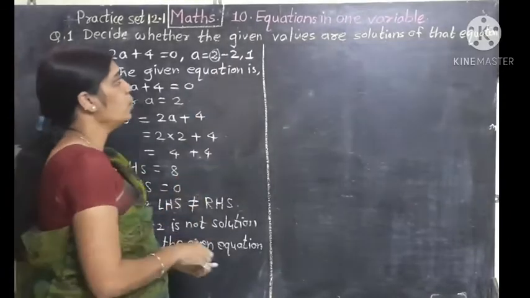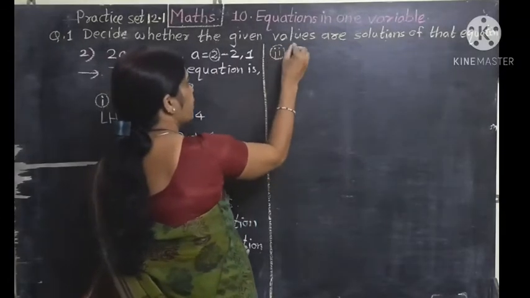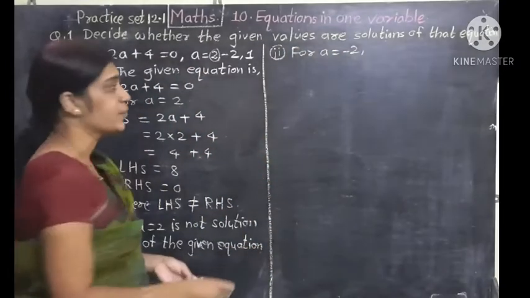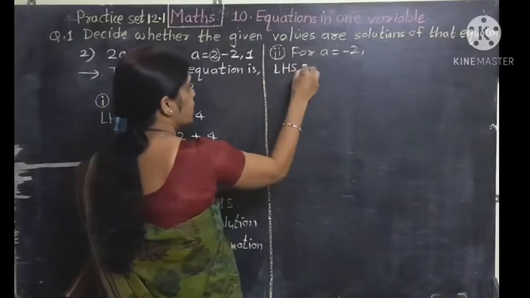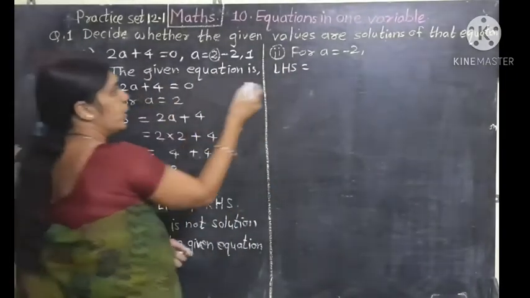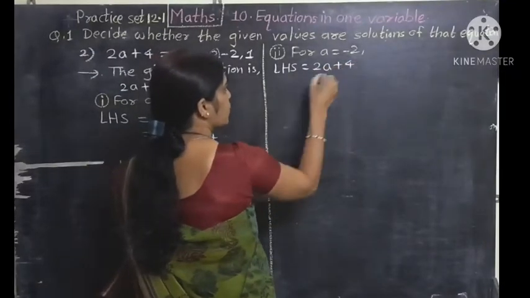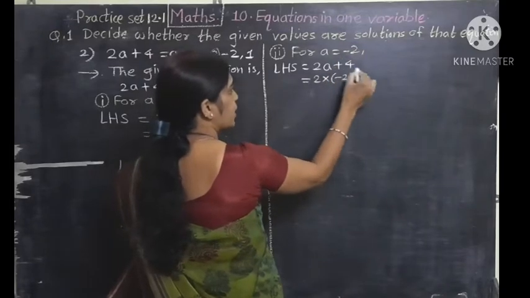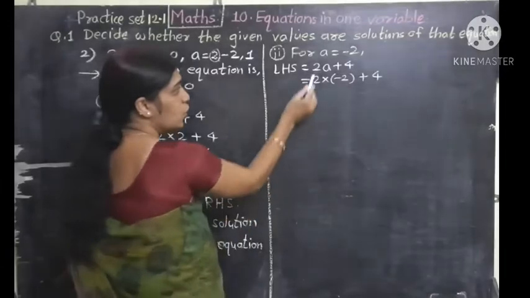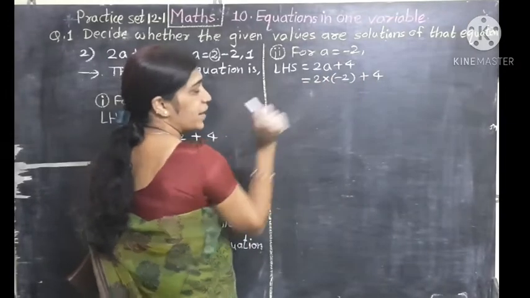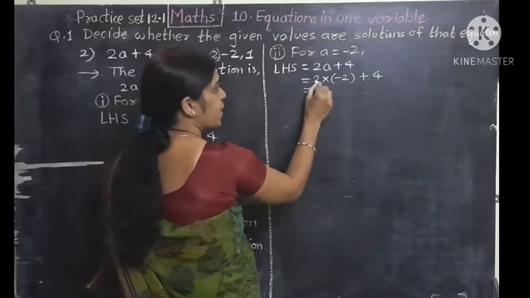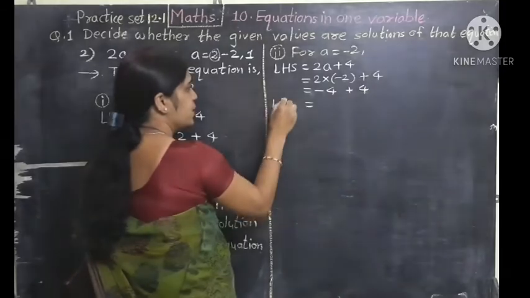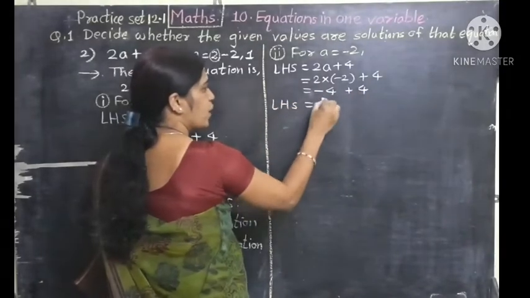Now for a is equal to -2. Let's start. We will see. Write down first the LHS. What is the LHS? 2a plus 4. 2 as it is, into the value of a which is -2, and then plus 4. Plus minus 2 2s are 4, minus 4, and this is plus 4. Means here plus 4 minus 4 value is 0.